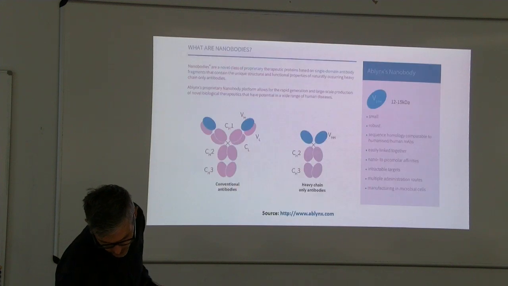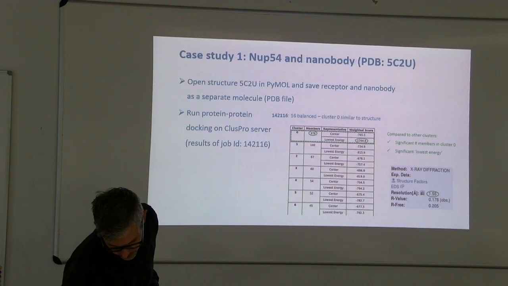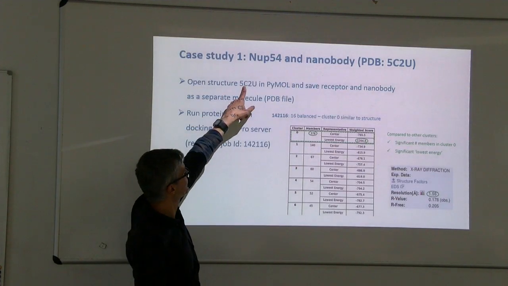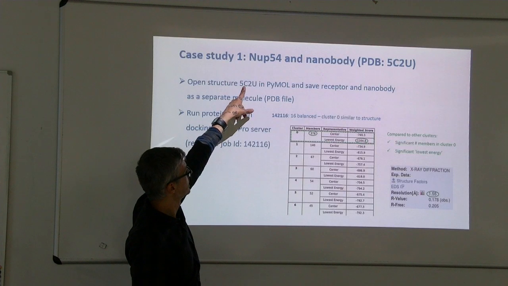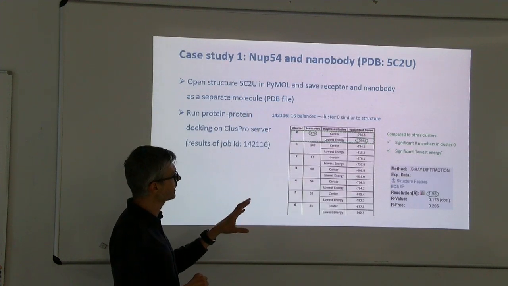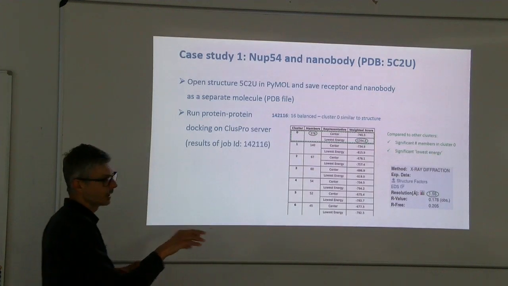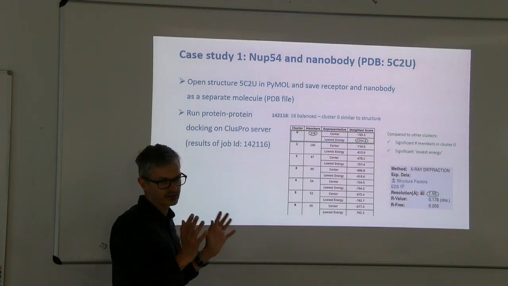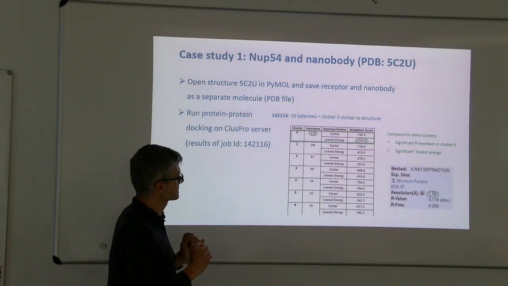One example here was for a nanobody. In this case, what we did is open this structure in Pymol. We separated the 2 structures, so one file for the receptor, one file for the nanobody. We uploaded those on the Pro server and waited until we got the results.